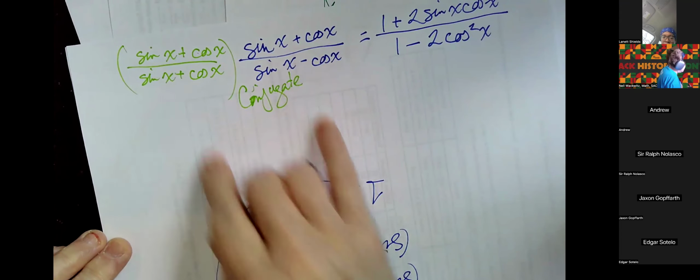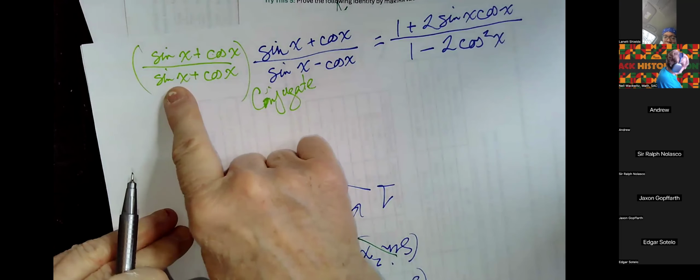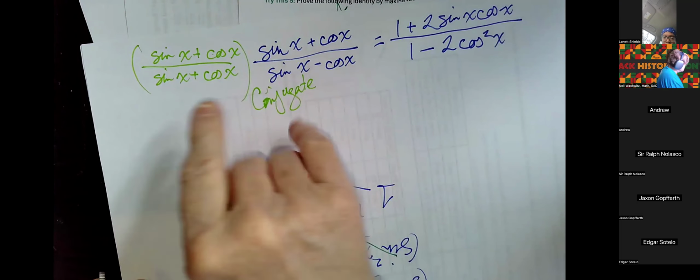So what do we get in the denominator? If we have a plus b times a minus b, what do we end up with?